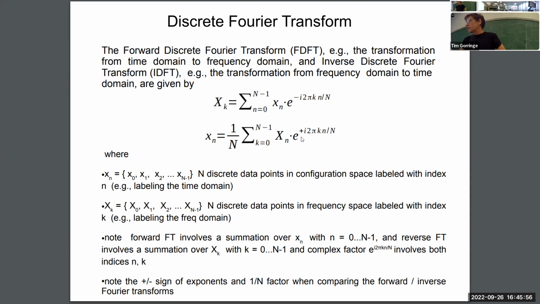Lowercase x subscript n: think of that as the time domain data. We sampled some information as a function of time and represented it by an array x of n, so x0, x1, x2, x3, up to x of n. That's an array of our time domain data.